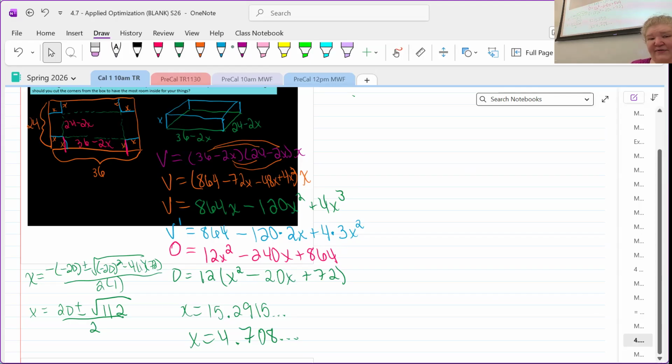So the 4.7, even though it is not a very big box, it's more like a cookie sheet, or a cake pan, I guess. But that's the biggest volume we could make.